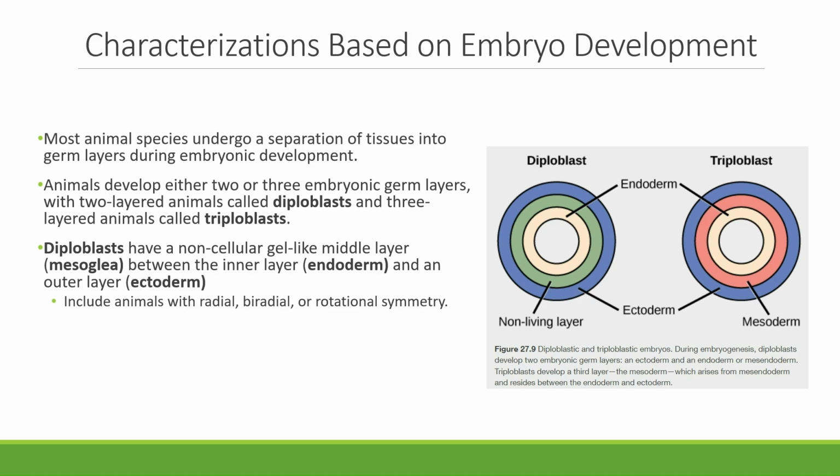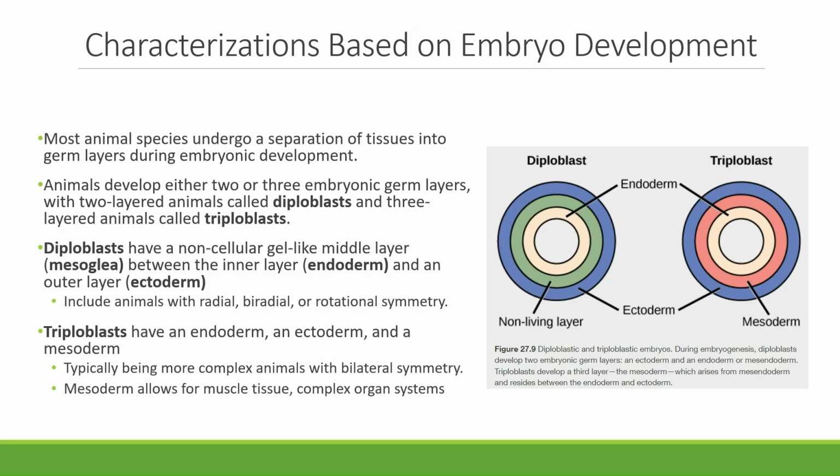Animals such as, and we'll talk about them, but I'm just going to list them here, the cnidarians and ctenophores fall into this category. Triploblasts possess three germ layers: the ectoderm, mesoderm instead of the mesoglea, and the endoderm. The addition of mesoderm allows for greater structural complexity in triploblasts. It allows the formation of muscle tissue, complex organ systems, and more advanced body architecture becomes possible.